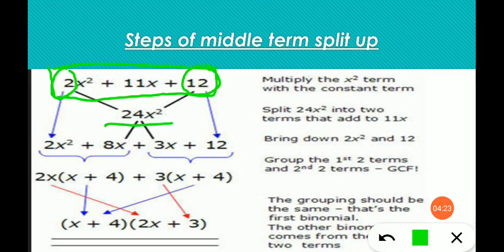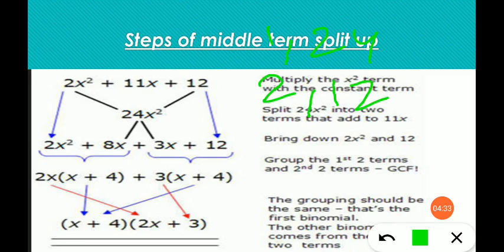Okay, so students, tell me what are the factors of 24? 1 and 24, 2 and 12, 3 and 8, 4 and 6. All these are the factors of 24.